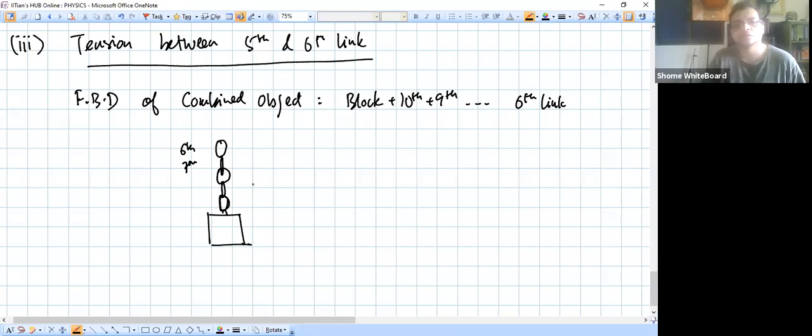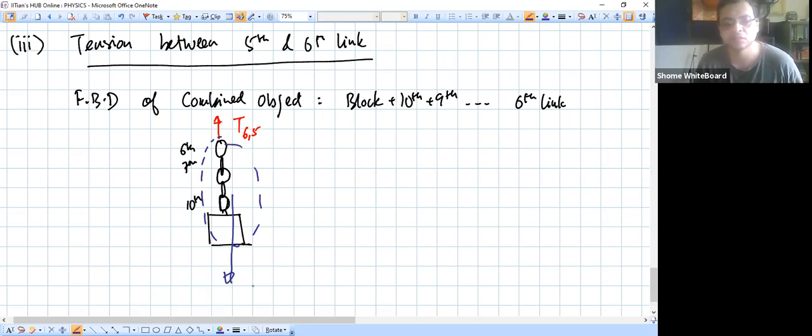Okay. So on this system, this is how the fifth link is applying a force. And similarly, above on the fifth link, the sixth one is pulling back with an equal and opposite force. Okay? Now this force will be balancing the combined weight of the system. So what is its combined weight?